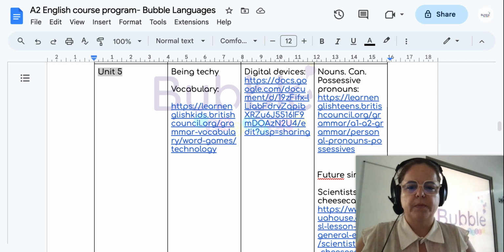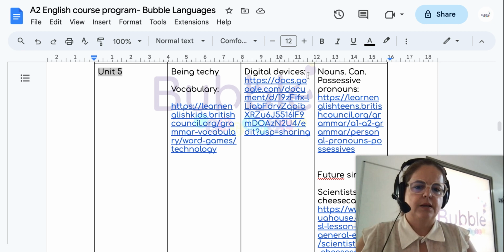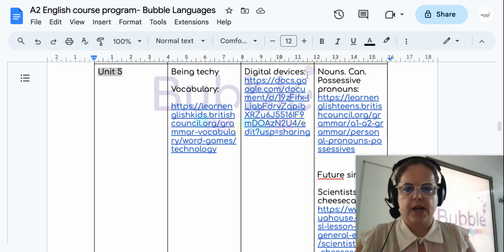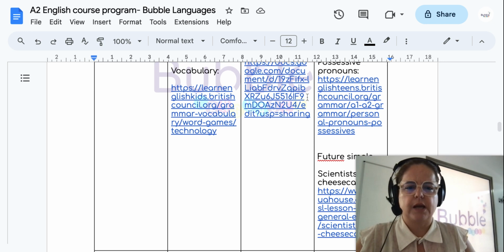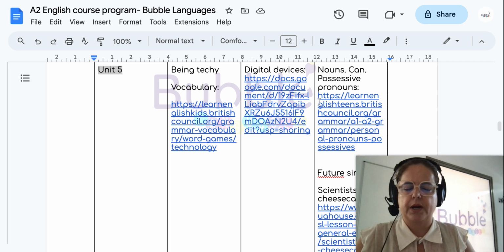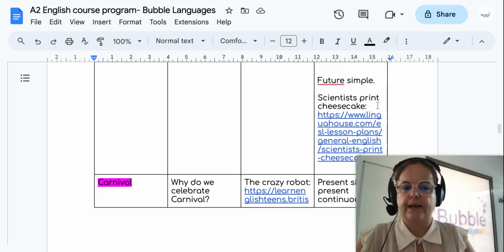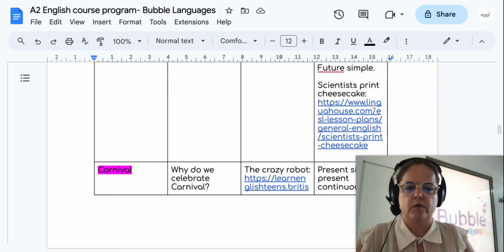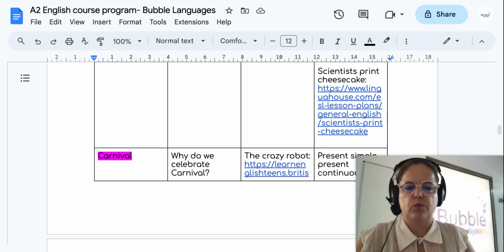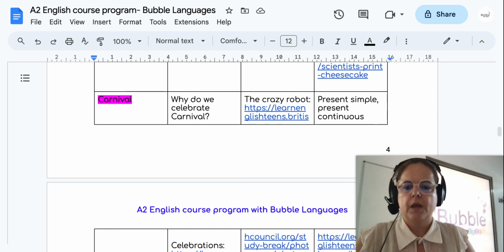Unit 5 talks about being techie, the vocabulary, a long worksheet on digital devices, nouns, possessive pronouns, and can, how to use can, when to use the modal verb, the future simple, and then I put an example, scientists print cheesecake, which I thought was interesting.